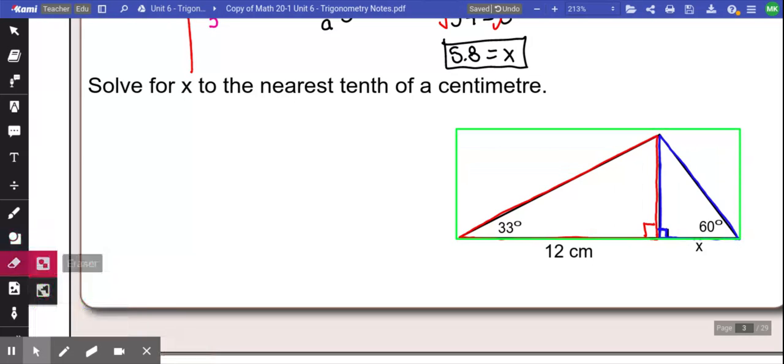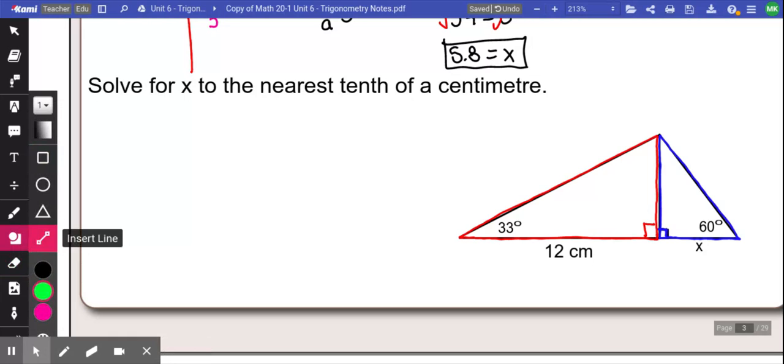Whoa, that's not a triangle. That's a square, Mr. Kennedy. Your third triangle looks like this. That big green one. All right. The big green triangle means nothing to us at this point in our lives.